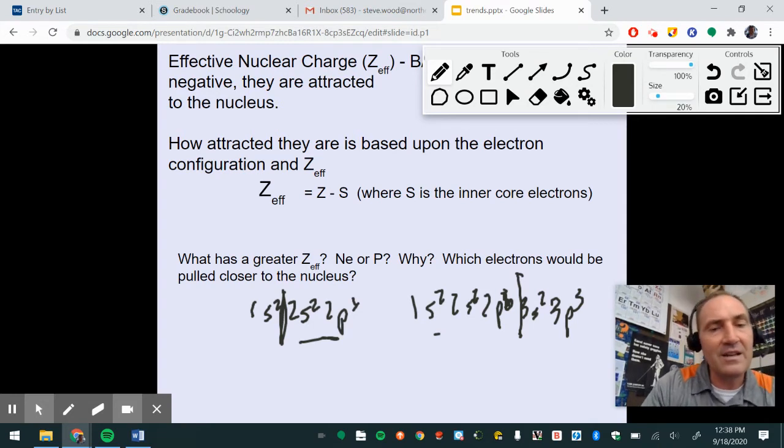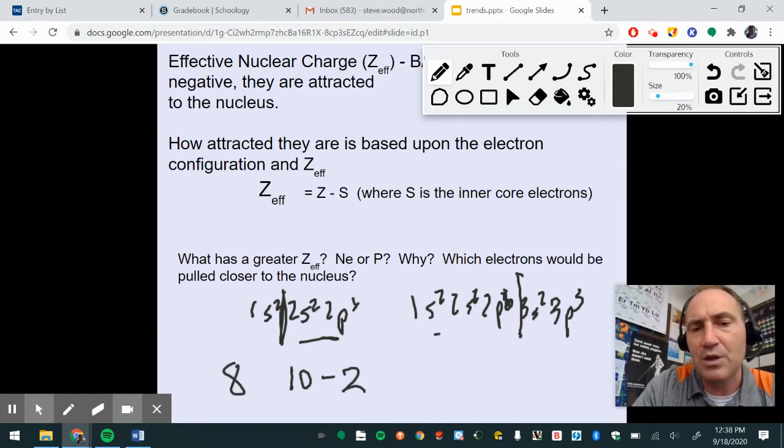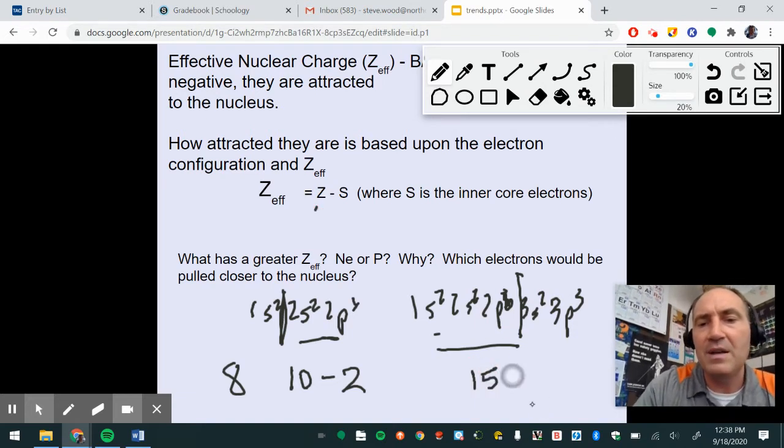If we're looking at effective nuclear charge, we take your atomic number, which in this case is 10, minus how many core electrons, so 2. So neon has a Zeff of 8. Over here, the atomic number is 15, so that's Z, minus core electrons, 10. So we have 5 here.